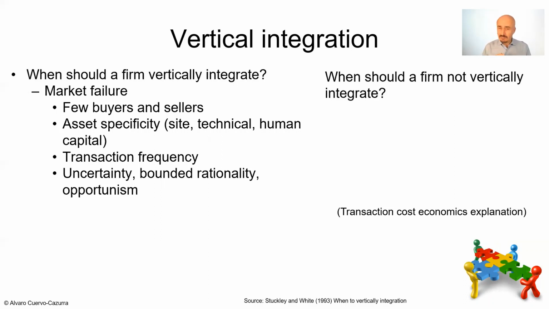There is also, and this is an important distinction, asset specificity. This means that assets in which I invest are going to be specific to those relationships. It might be because geographically it's better to put the producer of one part next to the buyer of that part, so that there is very nice coordination in terms of distance.